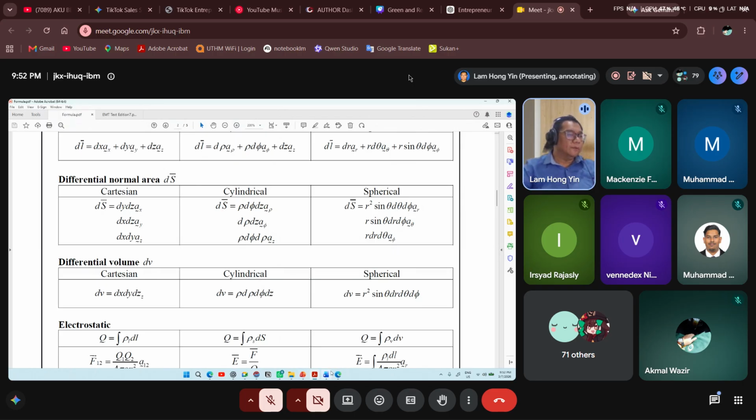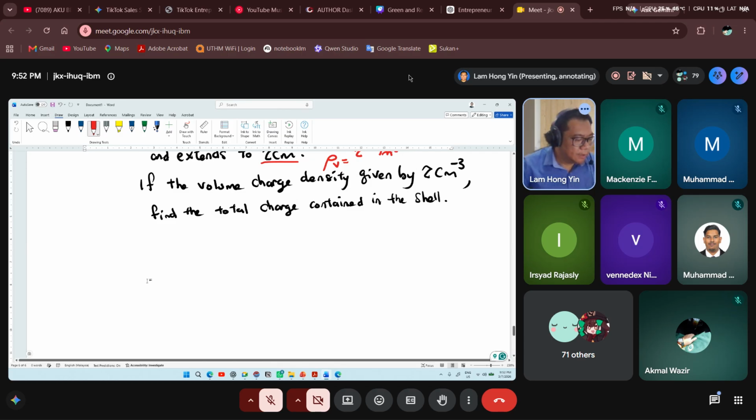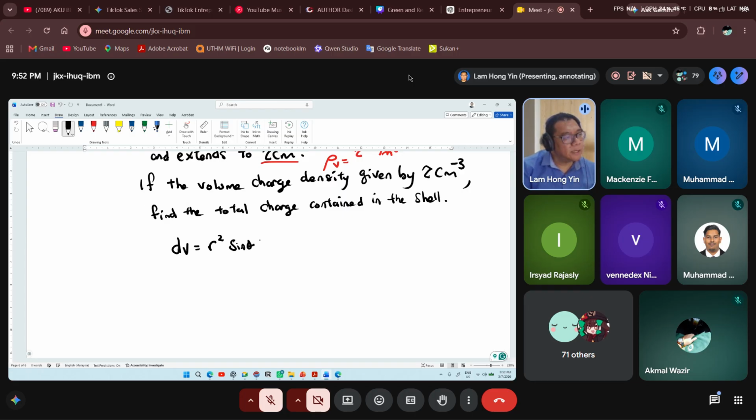So from the formula you identify your dv is equal to r squared sine theta, and then 3 changes: dr, d theta, and d phi.